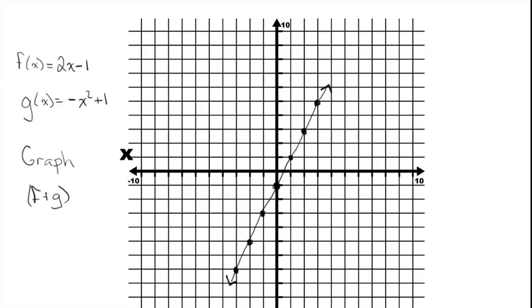Maybe I'll use a different color. I'll use blue for g. So we've got a parabola now. Vertex is at 0, 1. So I'm trusting you know how to graph parabolas. If you don't, I believe I have a video on graphing parabolas, so you can go back and check how to do that if you don't remember.